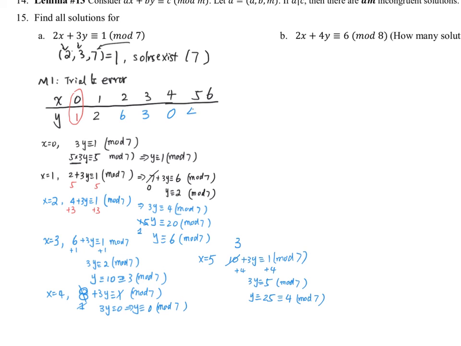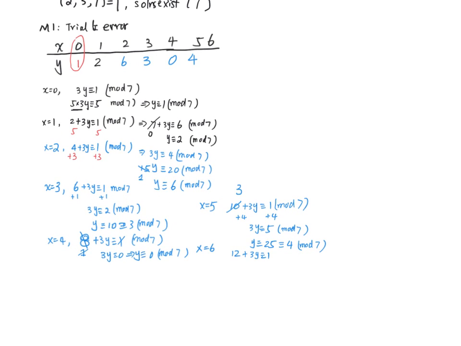So therefore this has to be 4. Lastly, when x is 6, 2 times 6 is 12, plus 3y congruent to 1, and now we are going to add 2 to both sides, so that this is 14. 14 is just gone. So 3y is congruent to 3 mod 7, and which means y is just congruent to 1. Divide both sides by 3.